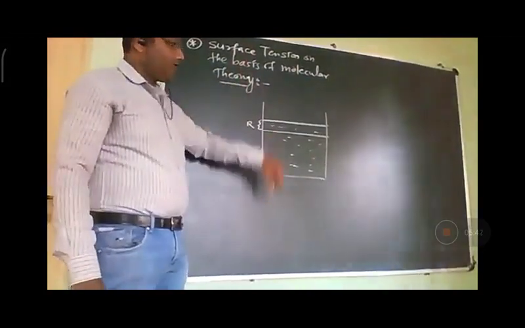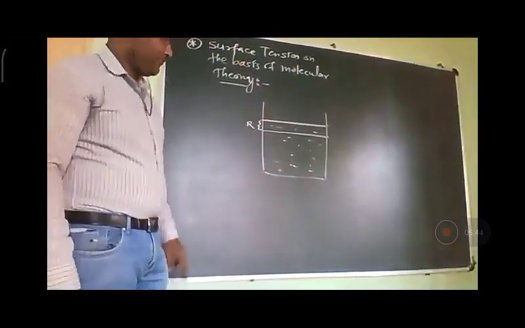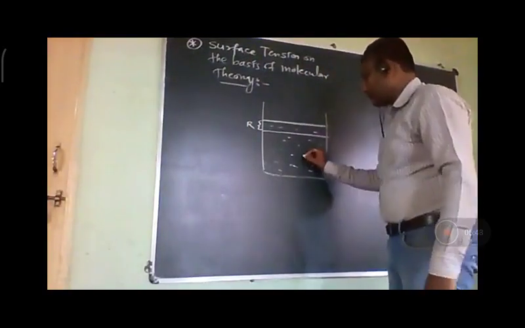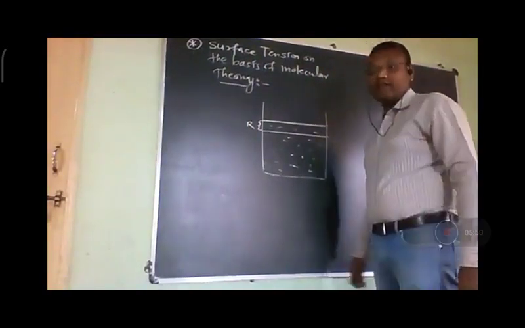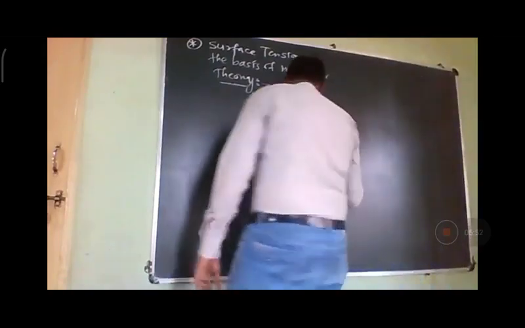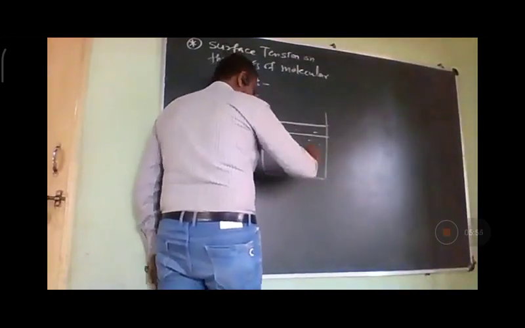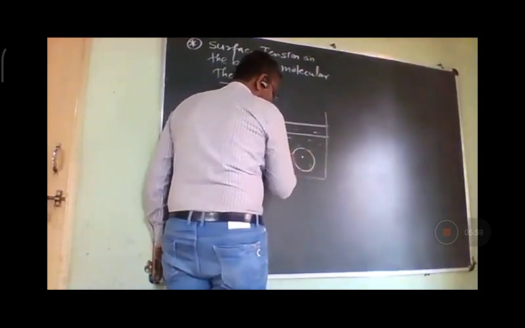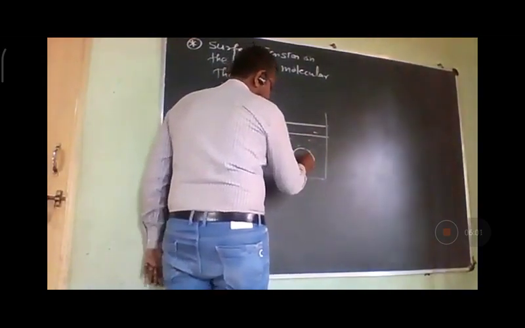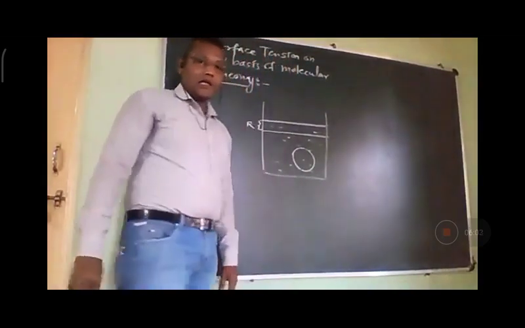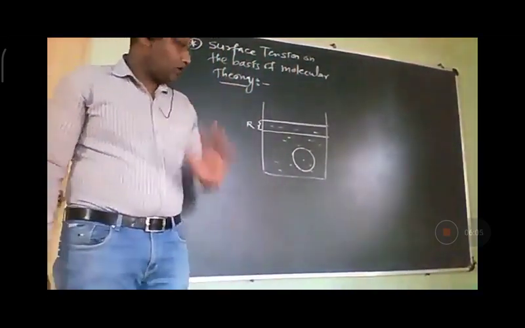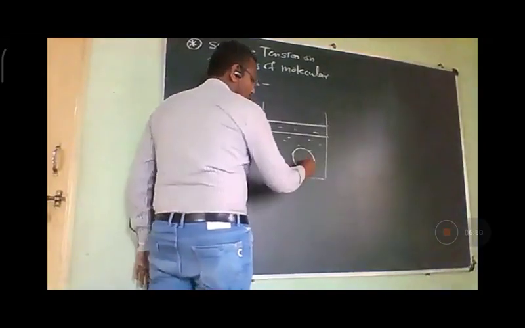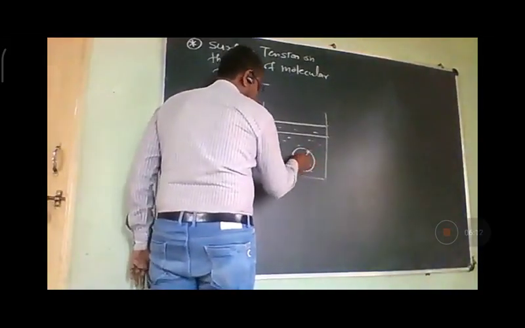Now to learn surface tension on the basis of molecular theory, let us consider three molecules. The first molecule is well within the liquid here, and this is molecule A, whose sphere I am drawing here. This is the sphere of influence of molecule A, always the imaginary sphere drawn around the molecule with the molecule at its center and radius equal to the range of molecular attraction.